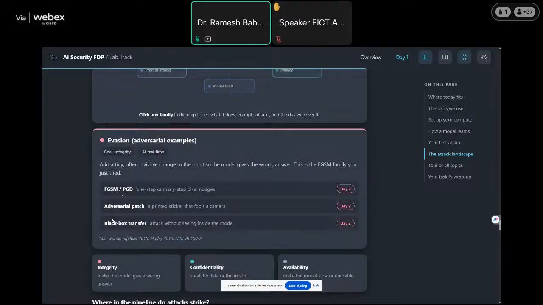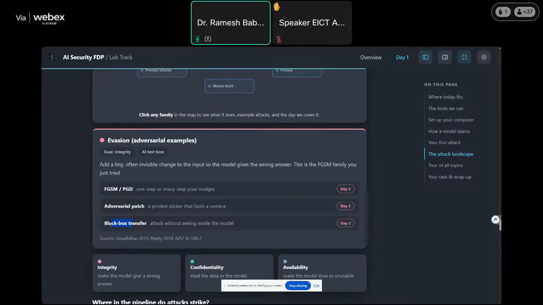And the next part of this evasion strategy is black box transfer. You all must know that these DL models have the capability of transferring knowledge learned from one task to other models. So in these types of attacks, we create a surrogate model.